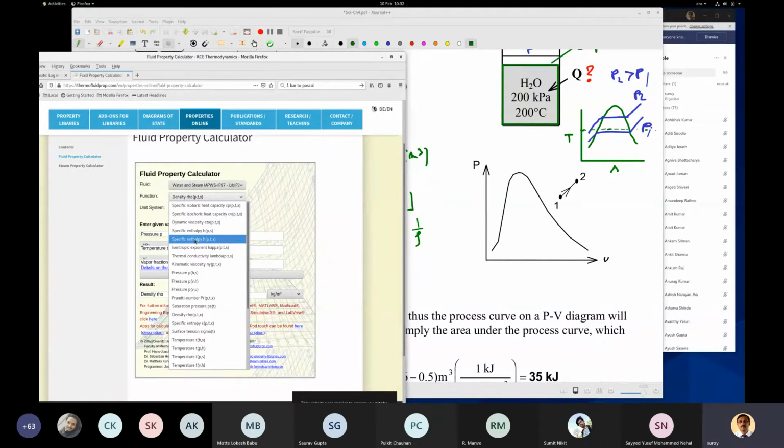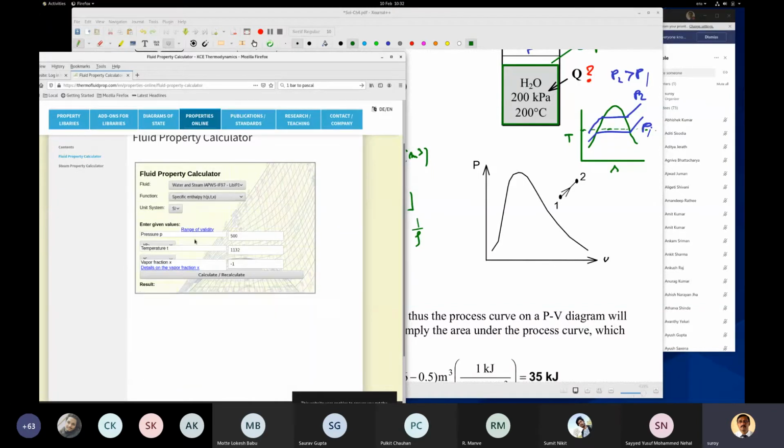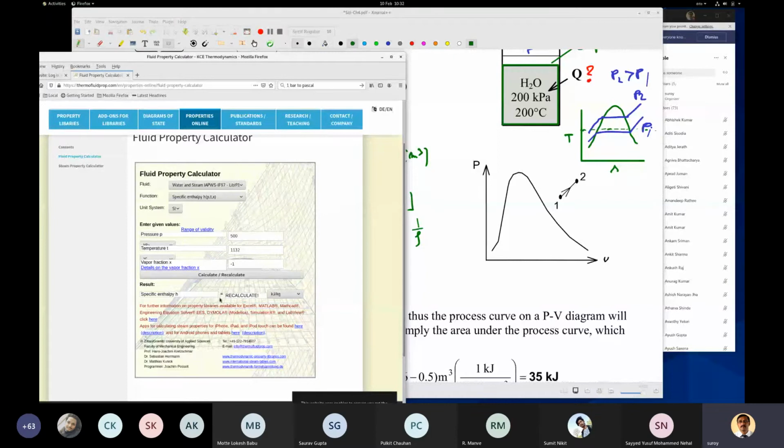Okay. So here, internal energy is not directly given, but in the book it is directly given. So here we have the enthalpy. Enthalpy is given.